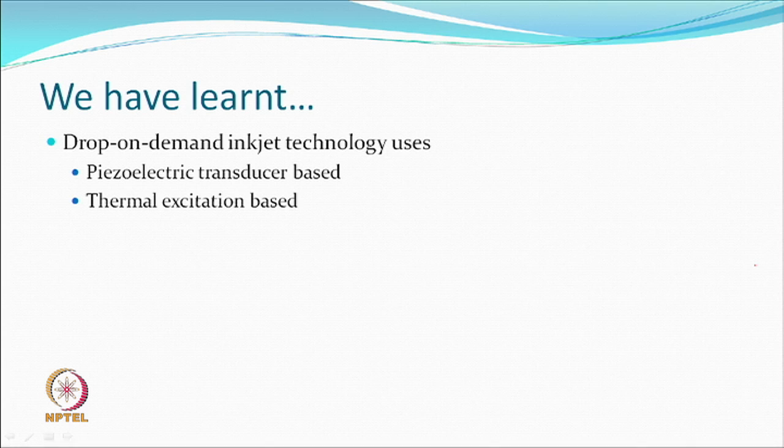So, till now what we have also learnt is that drop on demand inkjet technology generally uses either piezoelectric transducers or thermal excitation based transducers. These are the 2 major ones; others are available, but may not be used to such an extent.